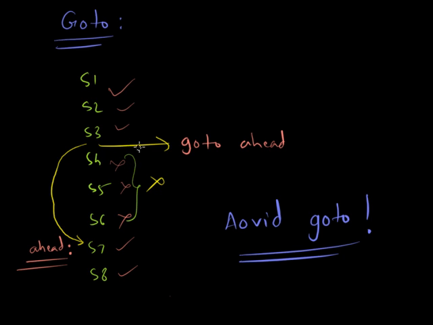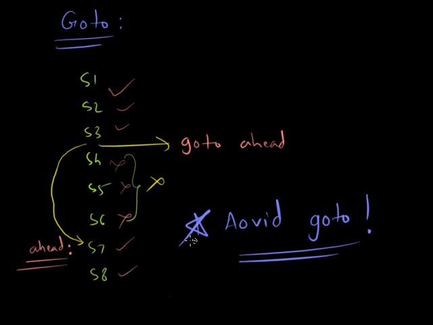What if you jump here, and from this S7 you jump to some S1, and then again from S2 you jump to some S10 or other statements? This creates a lot of confusion in your mind. You don't know where the control goes and where it comes back. So a natural suggestion would be to avoid goto. And keep this in mind: always avoid goto.